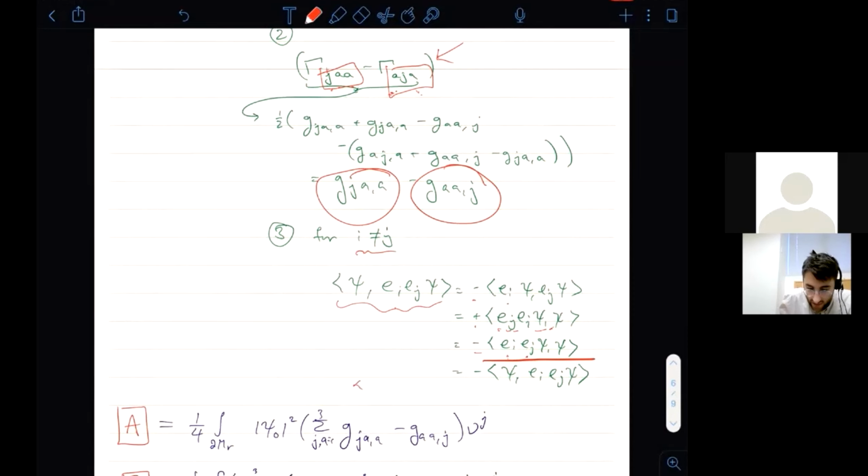So what do you find? You find that the sum of this with its conjugate is 0. You just add that to both sides of this chain of equalities here. And so what can you say about a complex number so that when you add it to its conjugate, you get 0? Well, that means that the real part is vanishing. So the real part of a term like this vanishes.